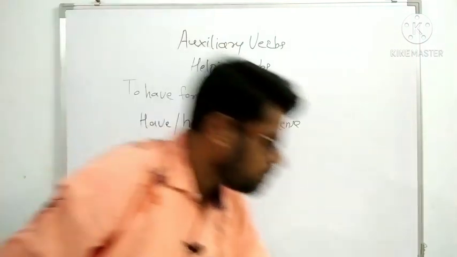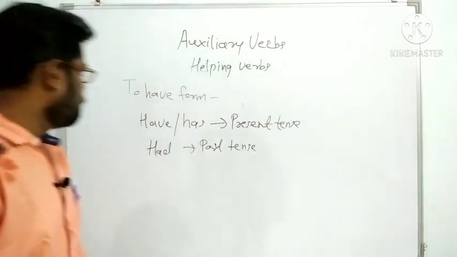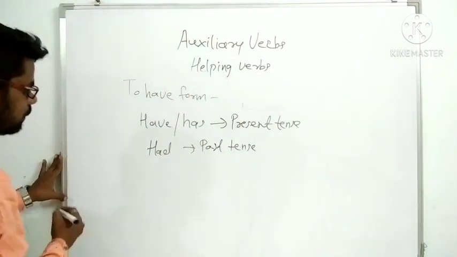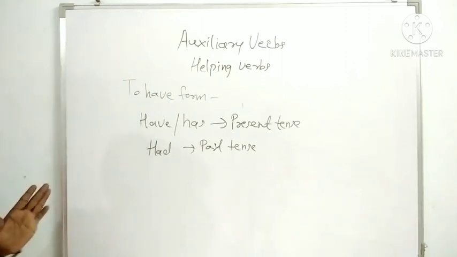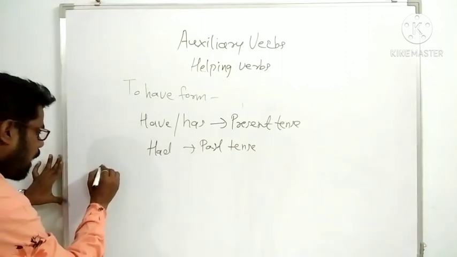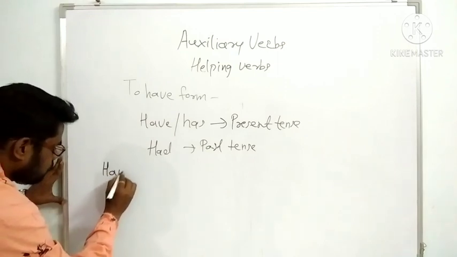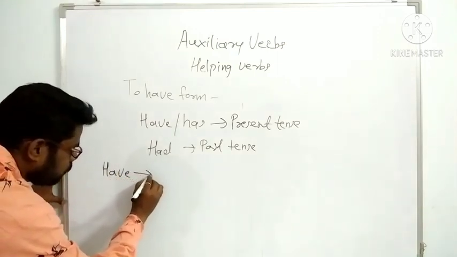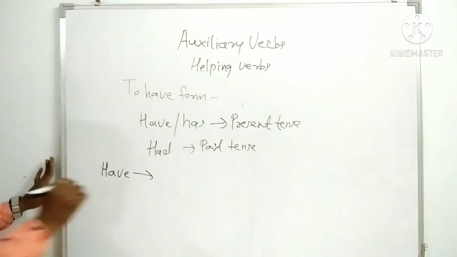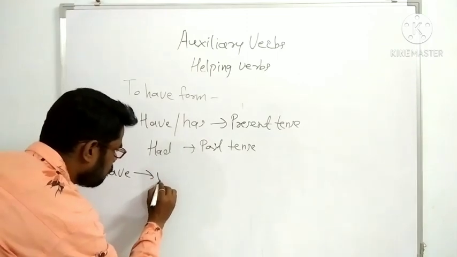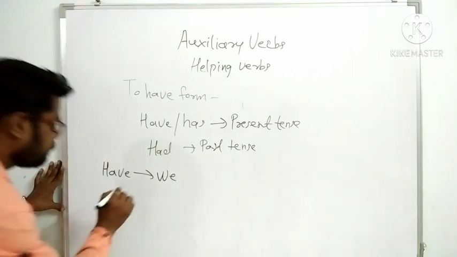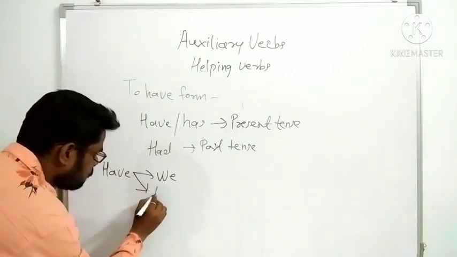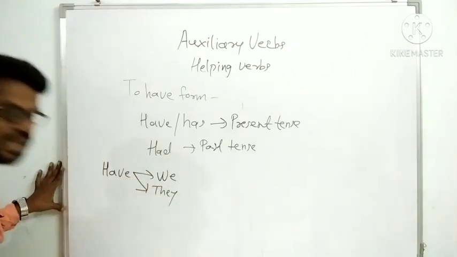Okay, so let us see with examples. See, when we use have and has: have we use with plural subjects. We have, they have.